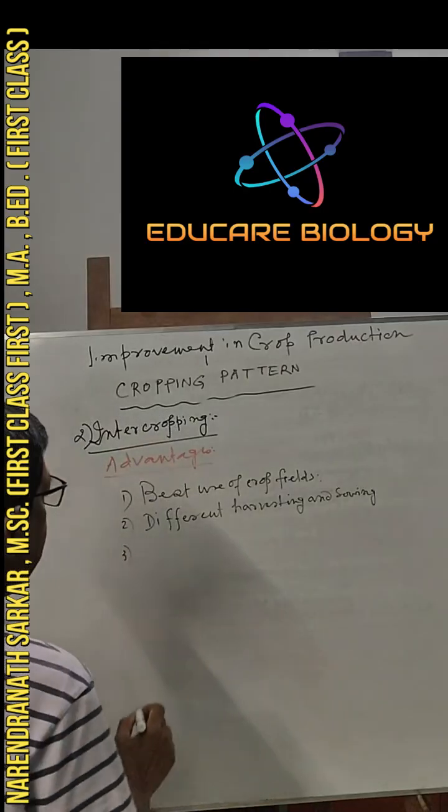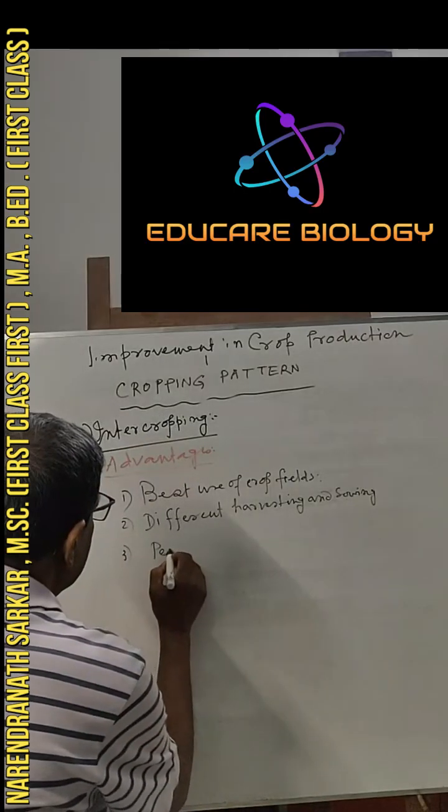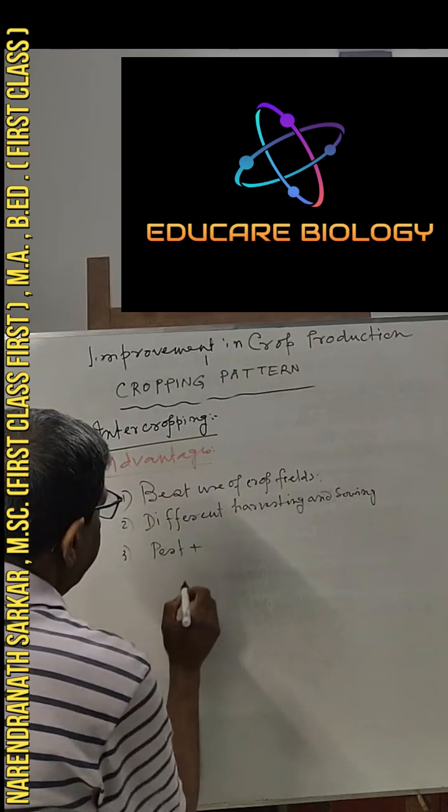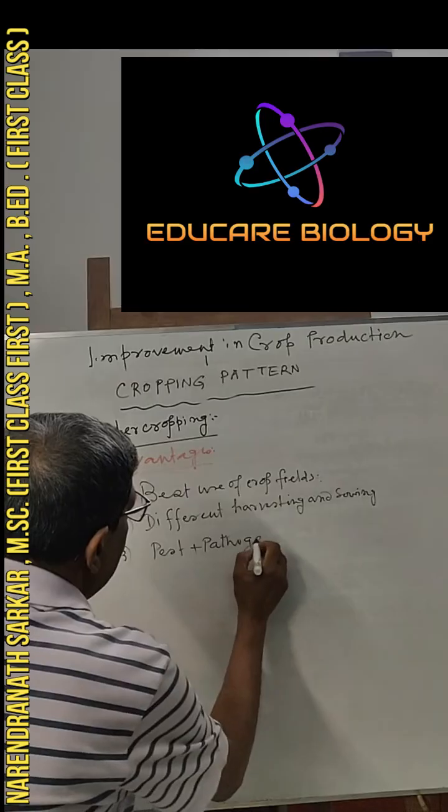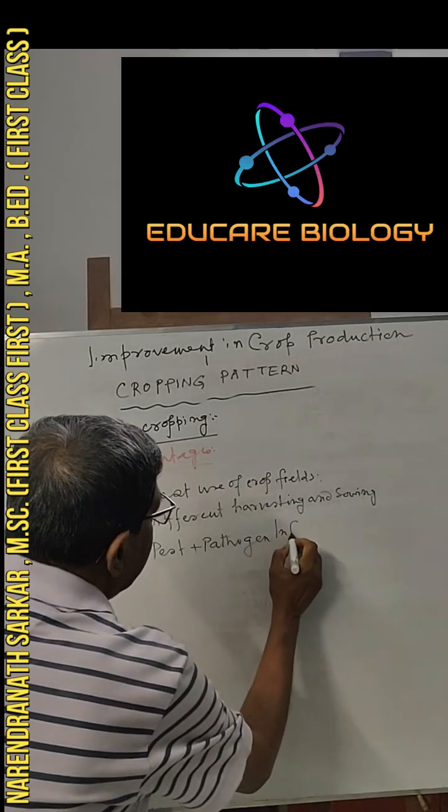Number three, pest plus pathogen infestation minimum.